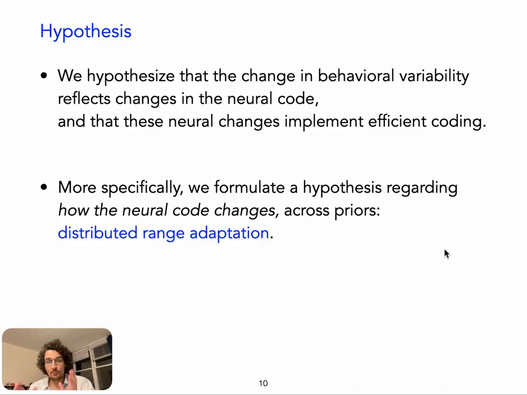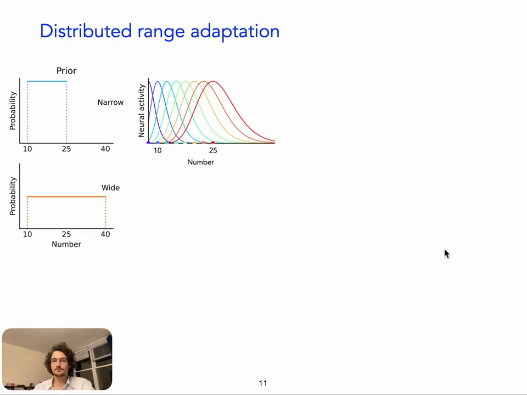And so more specifically, we're going to formulate a hypothesis regarding how the neural code changes from one prior to the other. And this hypothesis I call distributed range adaptation. So what is distributed range adaptation? Well, imagine that in the context of the narrow prior, you have these neural populations that are characterized by their preferred stimuli.